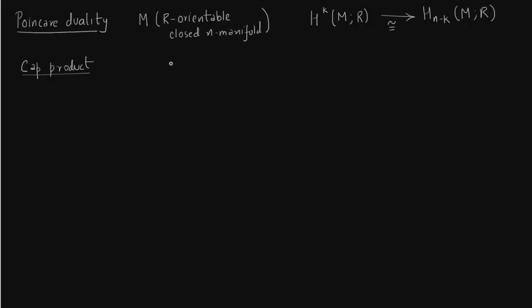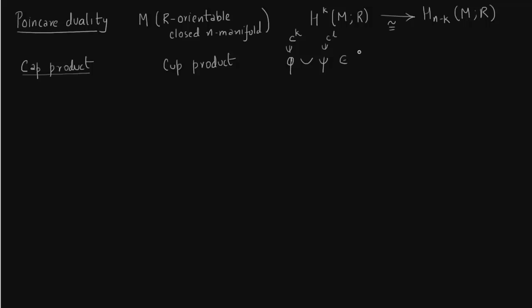So for a cup product, you took a cochain in CK, then you took a cochain in CL. We ended up in the cochain part CK plus L.